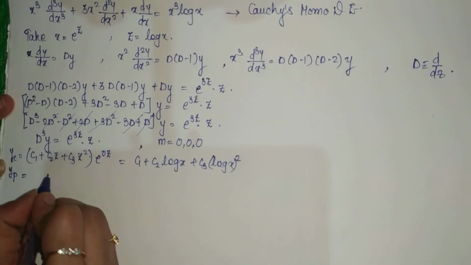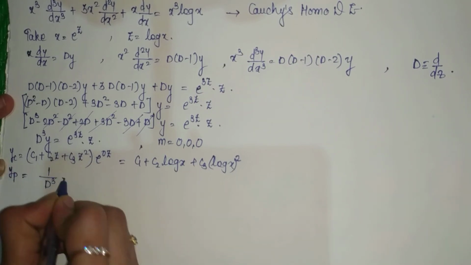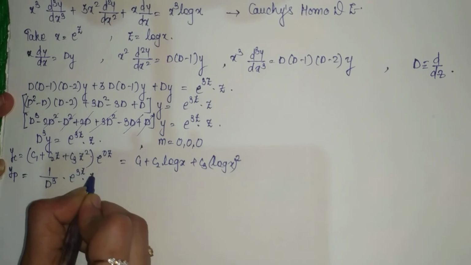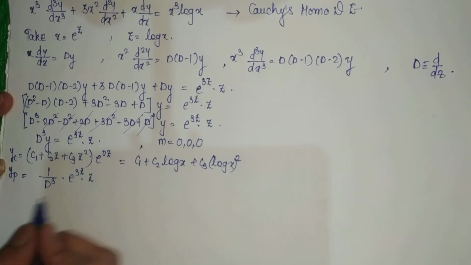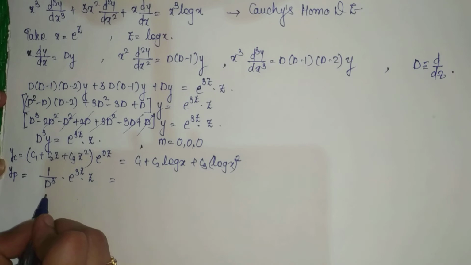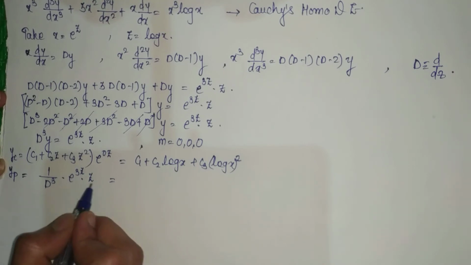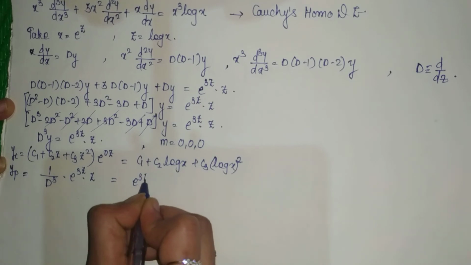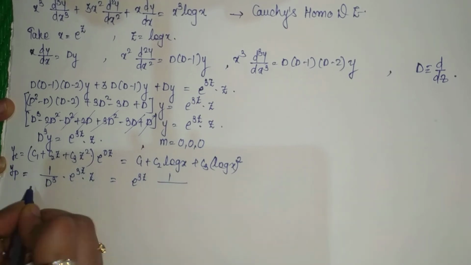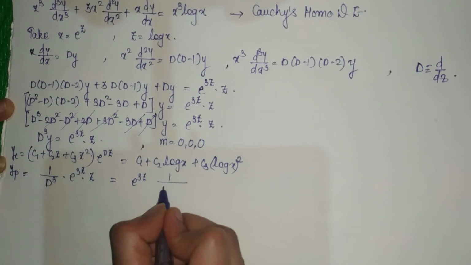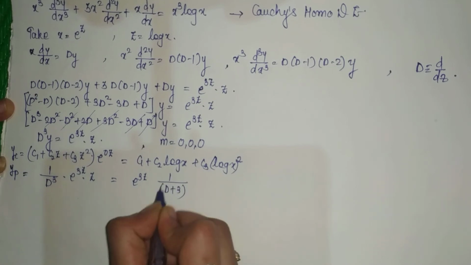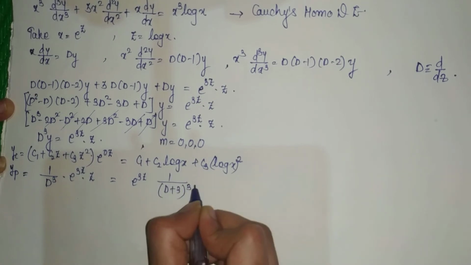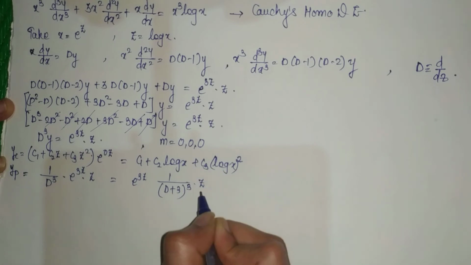So it is equivalent to e^(3z) into z. Okay, so now you can use the 1 upon f(D) into e^(ax) into V rule, right? So e^(3z) will come outside and f(D) becomes f(D + a). Here a is 3, that means D becomes D + 3, cube, to z.